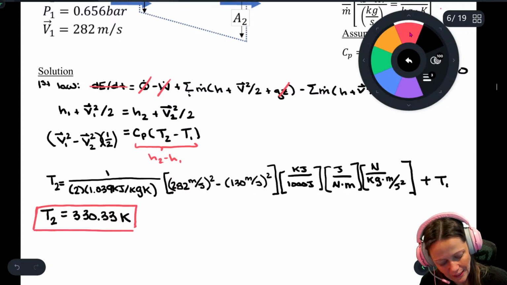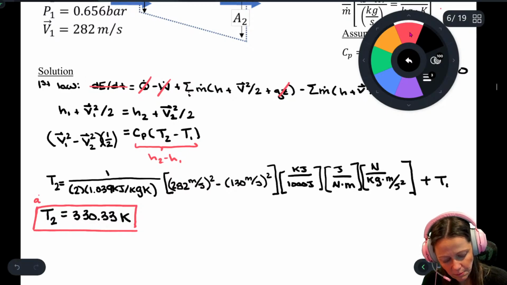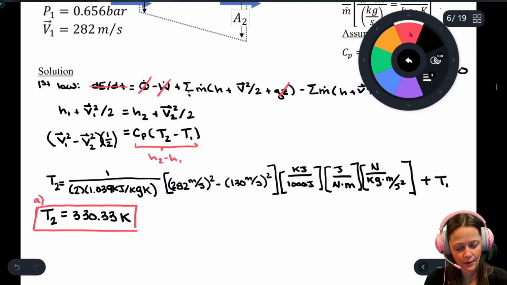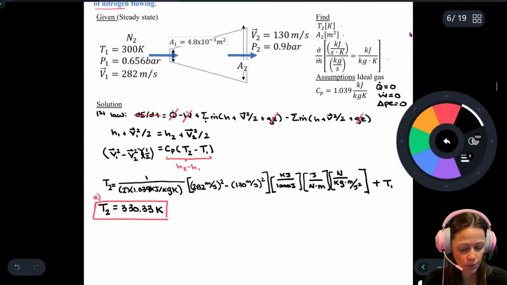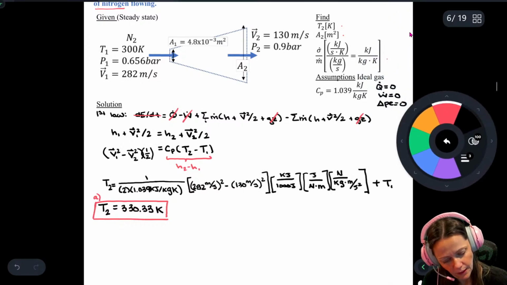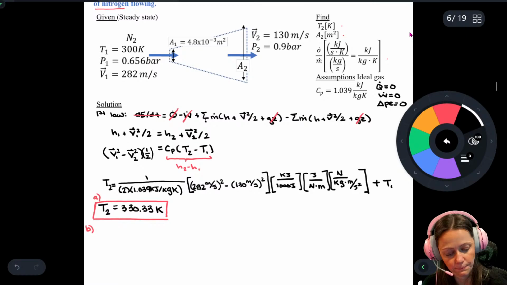Okay, perfect. So there's my T2, and that's part A. And then part B is, of course, the area at the outlet. One thing we could do here, for part B, you may recall using the assumption of 1D flow.